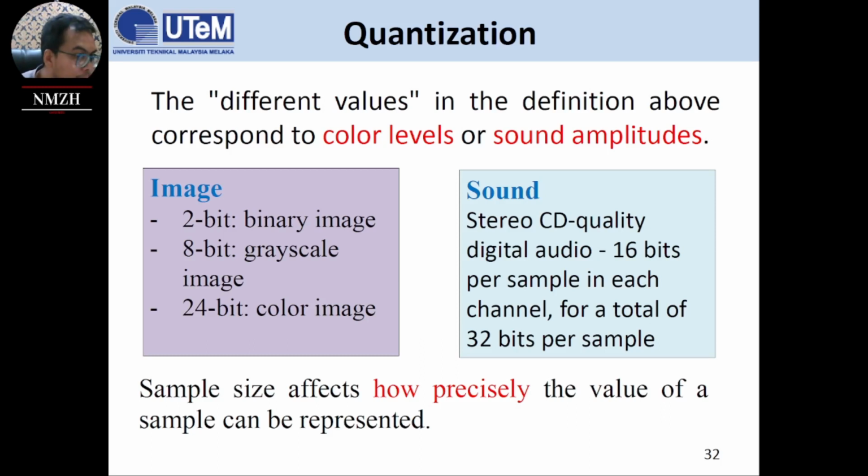For 2 channels, meaning 16 times 2, 32 bits for the y-axis of the sound. This sample size, or later we call it bit size or bit depth, is how precisely the value of the sample can be represented on the y-axis. That will be quantization, guys.